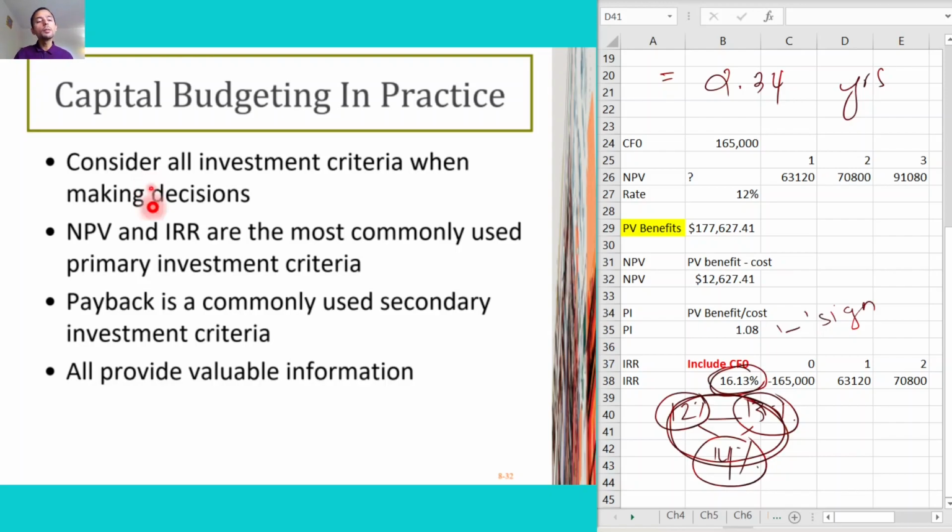NPV and IRR are the most commonly used primary investment criteria. If you recall, over 90% of finance managers use NPV and IRR. Payback is a commonly used secondary investment criterion. Over 80% use the payback period. All provide valuable information.